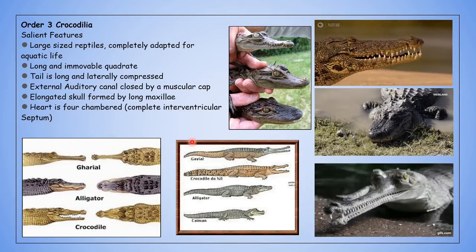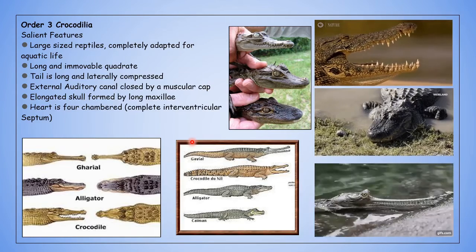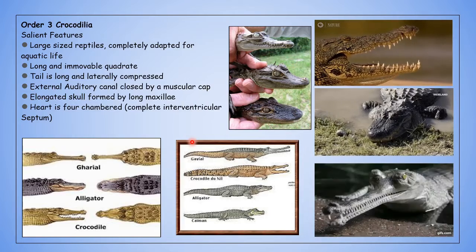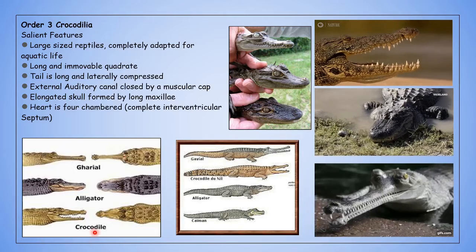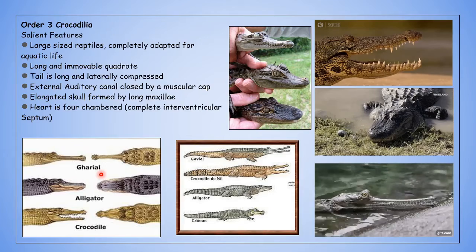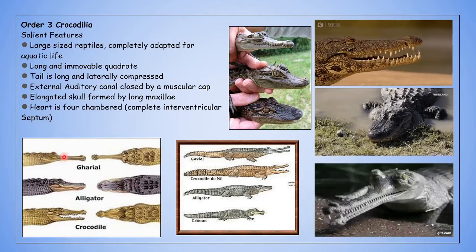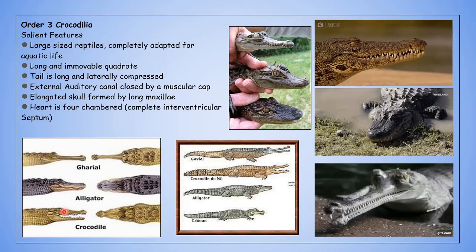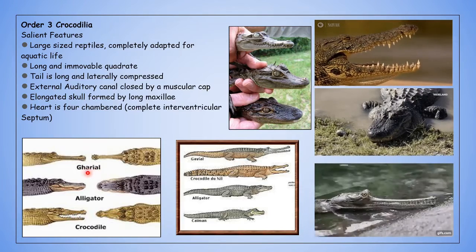You can see here the three types coming under Crocodilia: the normal crocodile, then the alligator, as well as the gharial. The major difference between the three is regarding the different shapes of their snout. So coming to the first one, gharial.